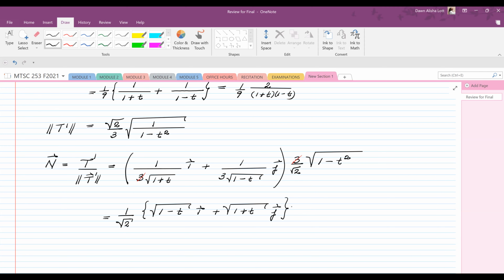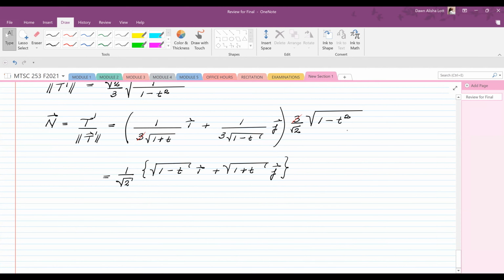And then the last one is kappa, which is the length of t prime over the length of v. Oh, it's the length of t too?